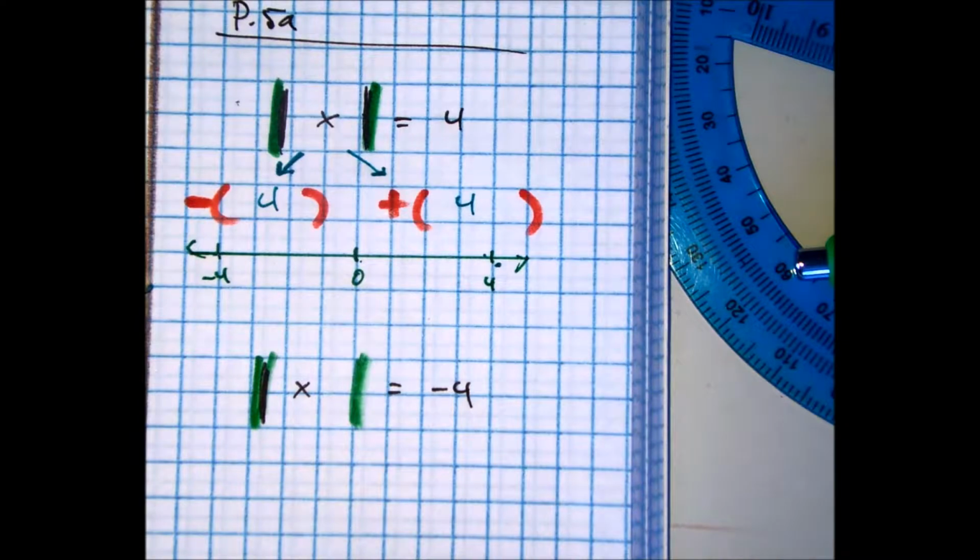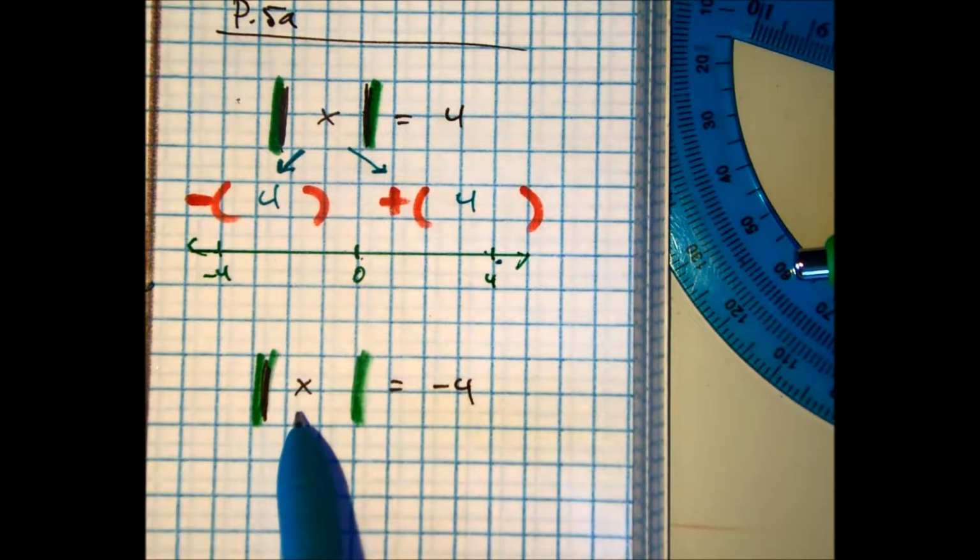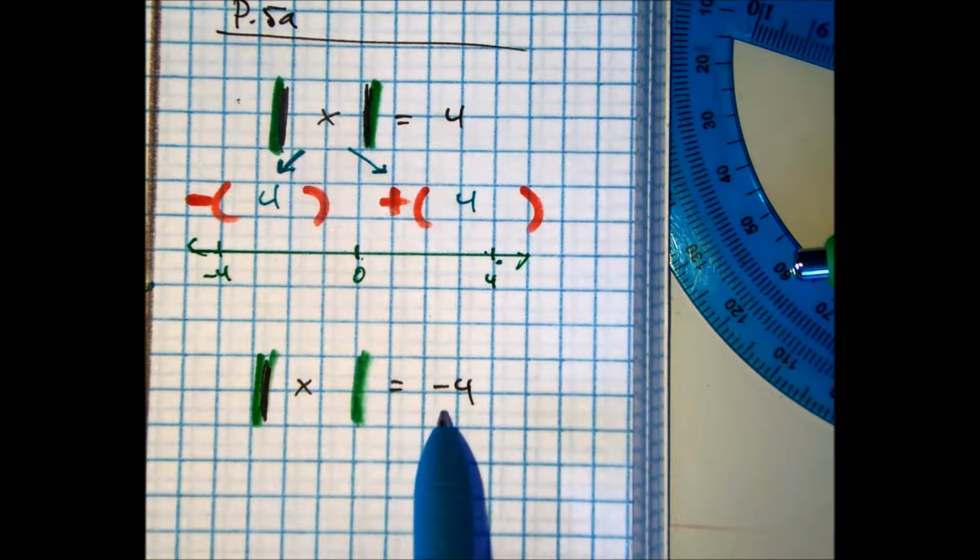Now, can I put in a number for x in the second problem to find the distance to 0, and the distance is negative 4? Can you have a distance of negative 4?